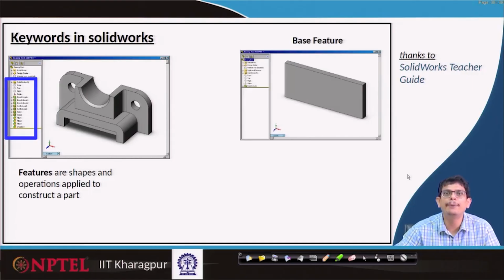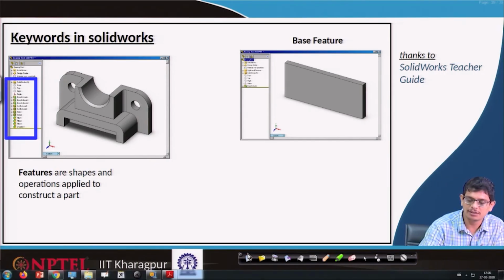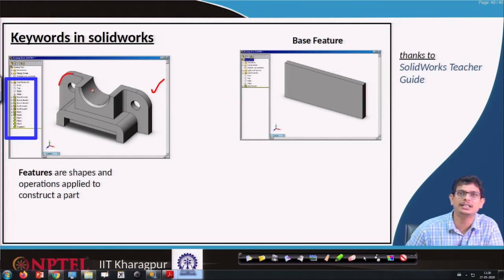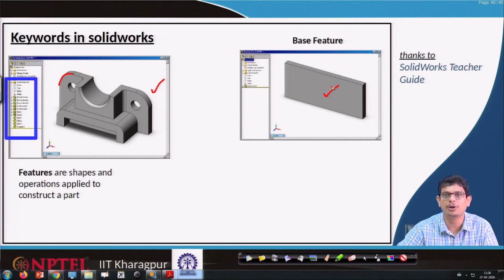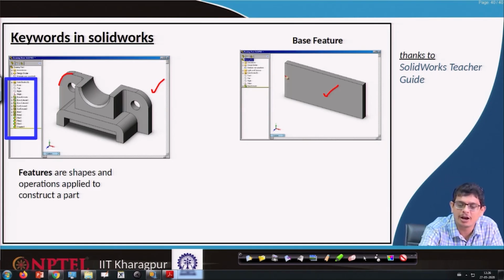What we call the base feature is the primary or starting version of the drawing. For example, I want to construct this object. I may not be in a position to straight away cut things, make holes and so on. First I will make something like a rectangular block. On that I will perform operations like removing that portion, and that portion. So, this entire portion we will be removing.